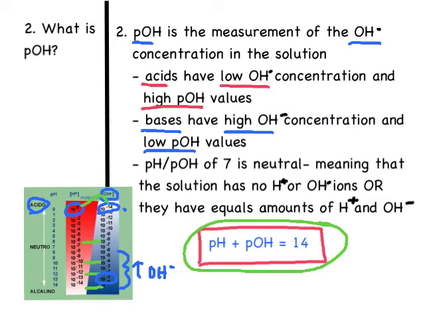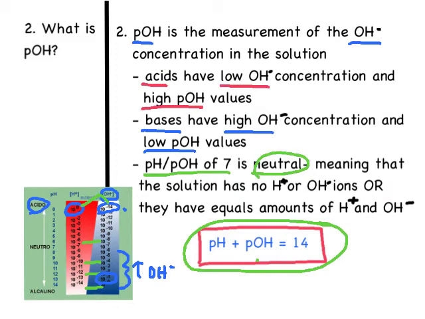If something is neutral, it has a pH or a pOH of 7, because on both scales it will be a 7. Remember, pH plus pOH is 14, so 7 plus 7 is 14. If a solution has a pH or a pOH of 7, it's neutral.